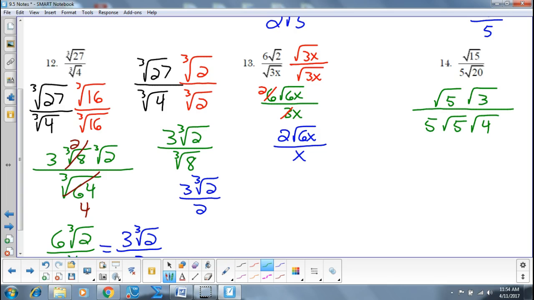Did I do any funky math there? No. Just cancel the 5s, because now my square roots of 5s cancel each other out. And what's the square root of 4? 2. That leaves me with the square root of 3 on top and 10 on the bottom. Okay?